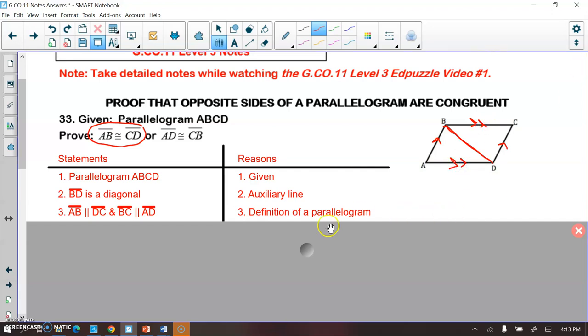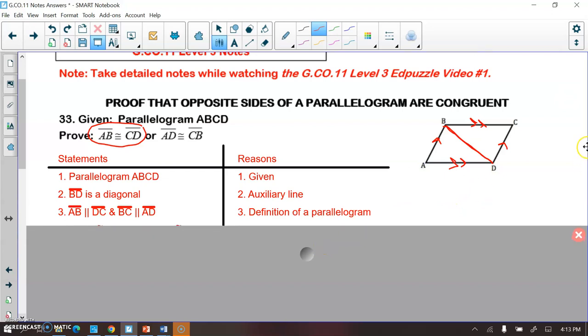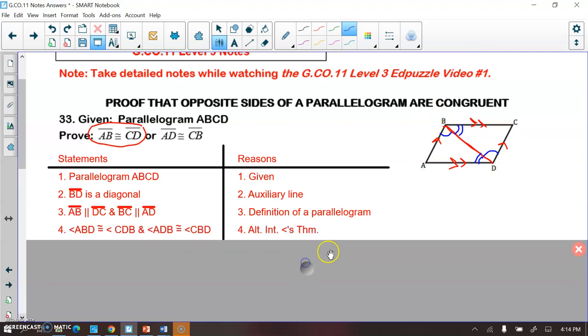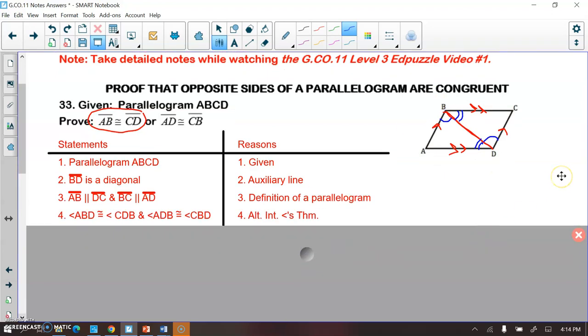And from here, there's many different ways that we can go. Looking at BD as our transversal, I can say that angle ABD and angle CDB are congruent because those are alternate interior angles. I can also say that angle ADB and angle CBD are congruent because those are alternate interior angles. So that's the alternate interior angles theorem.